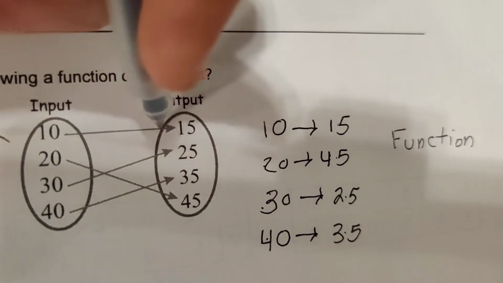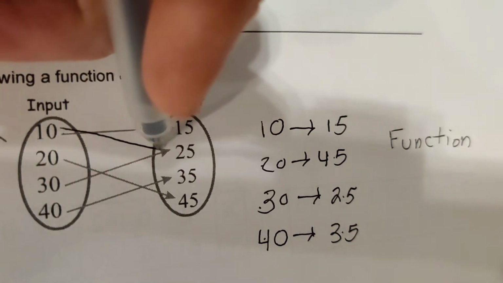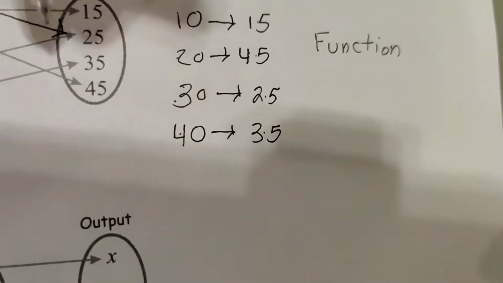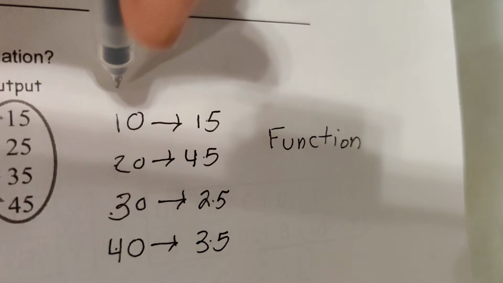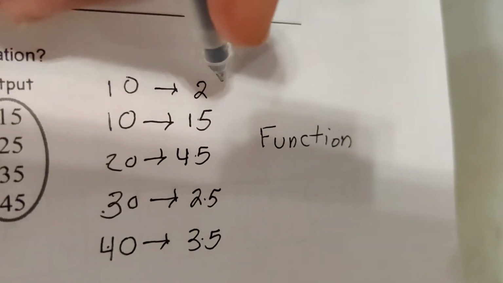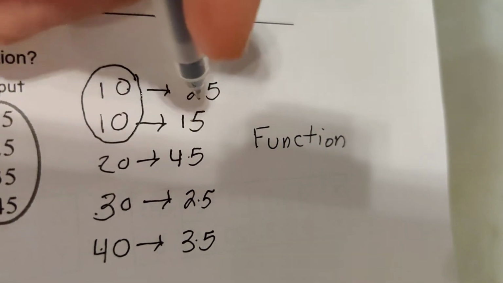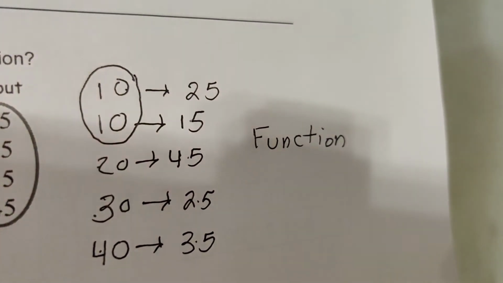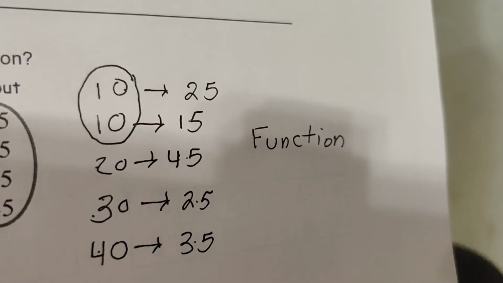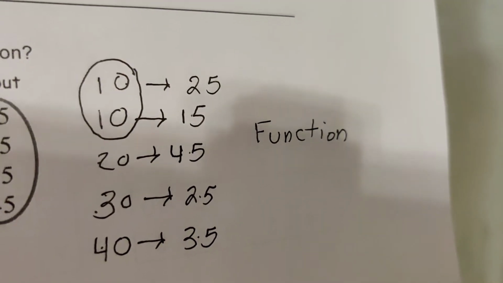Let's say we're going to keep it connected to the 15, but I'm also going to add in another arrow to the 25. Well, then on my list, I would also have 10 gives you 25. And this input, the input of 10, has two different outputs. Therefore, it would not be a function, which means it would be a relation, okay?